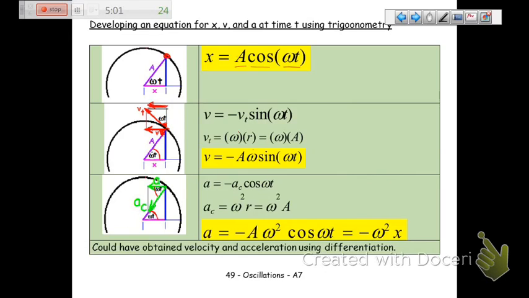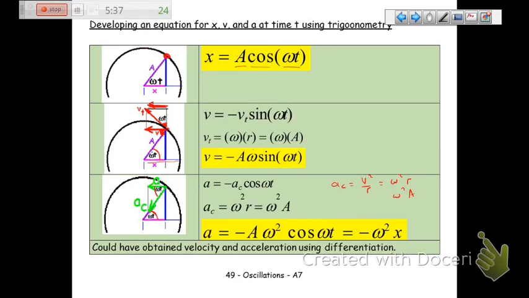And then I remember, hold on, AC was equal to v squared over r, which equaled omega squared r. Well, r, of course, is my amplitude, so that's omega squared A. So substituting, AC is equal to omega squared A. So a is equal to minus A omega squared cos omega t.